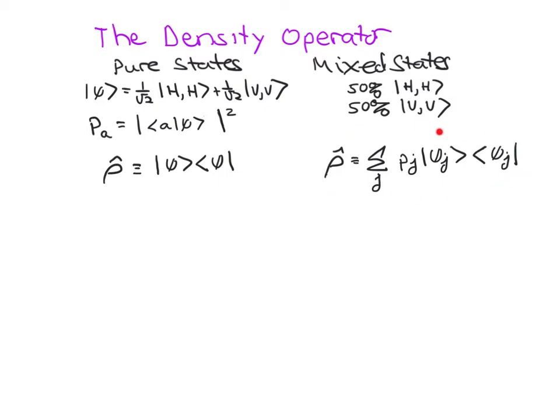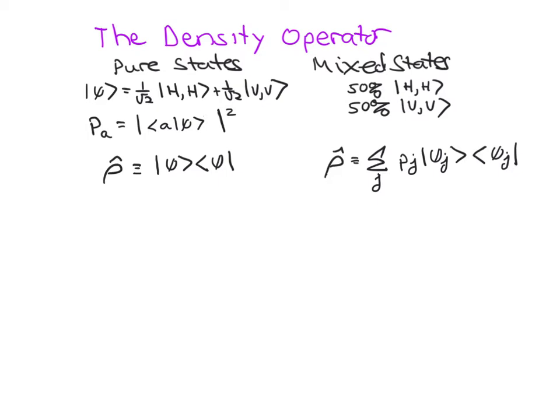The natural way to generalize the definition is to define the density operator as a weighted average of these psi's. So P sub j is this weighting factor, the percentage, so to speak, of how much the mixture consists of each component state psi sub j. So this is the definition of the density operator when you're dealing with mixed states.